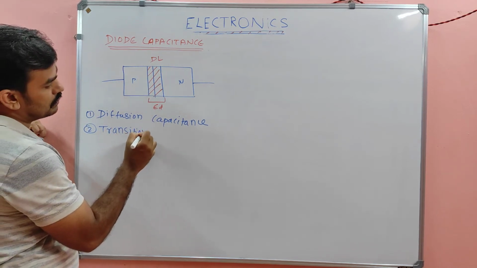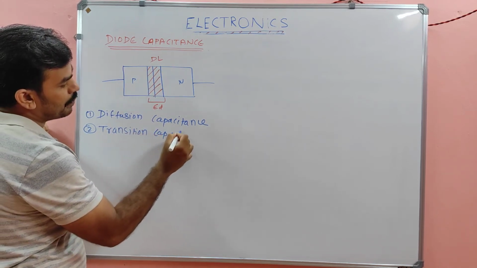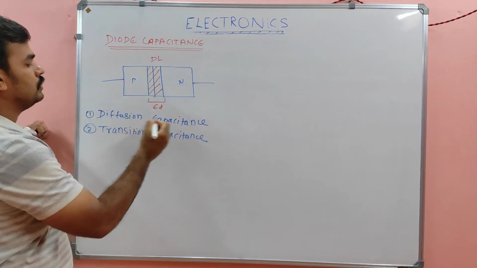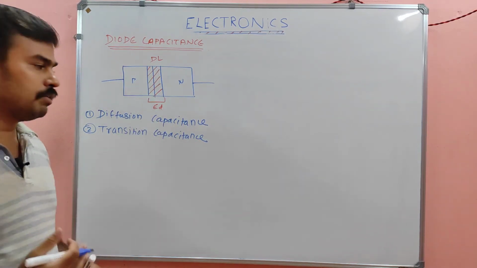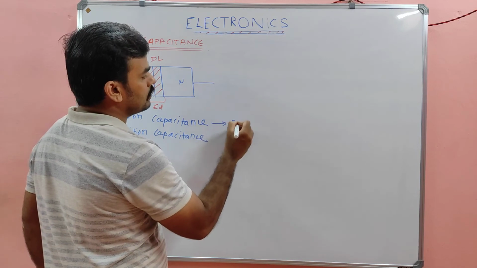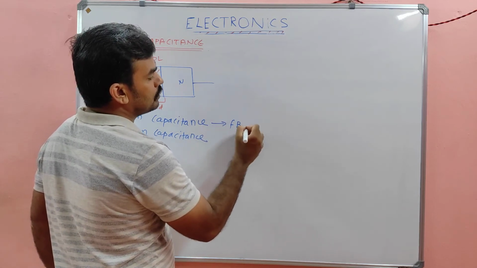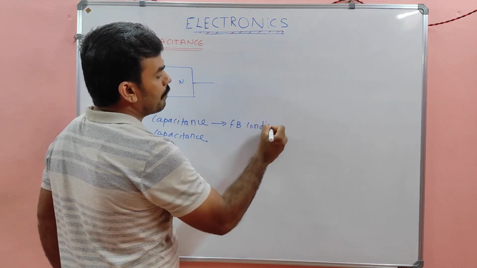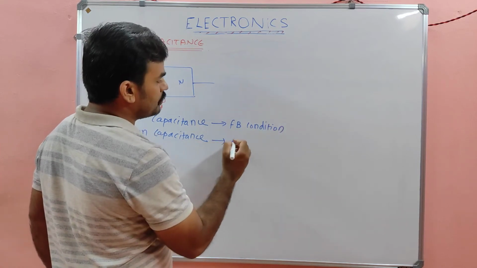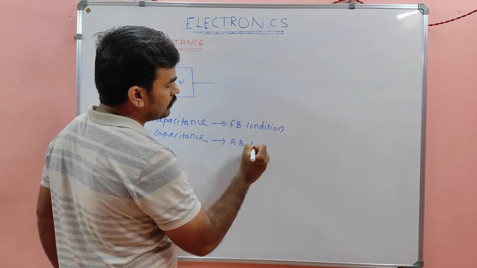The diffusion capacitance occurs when it is in forward biased condition, and the transition capacitance happens when it is in reverse biased condition.